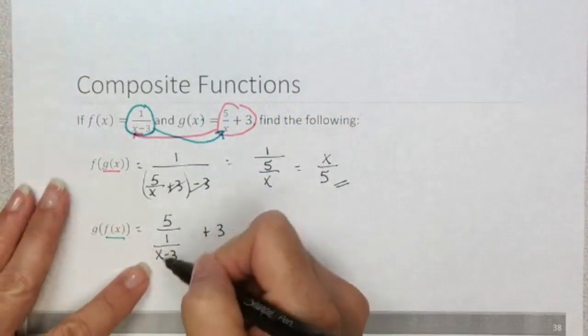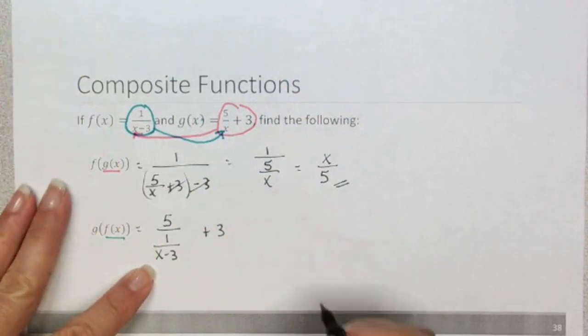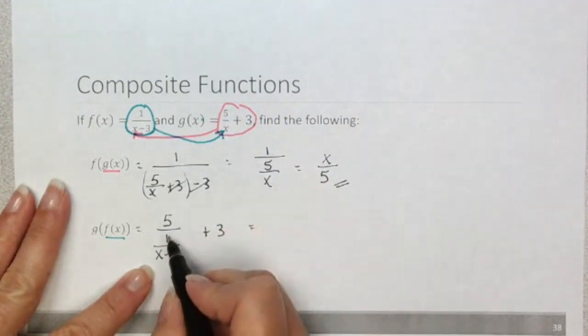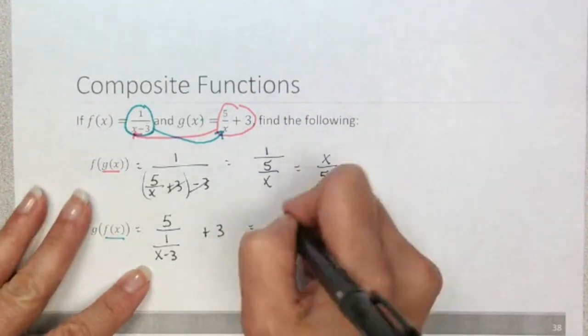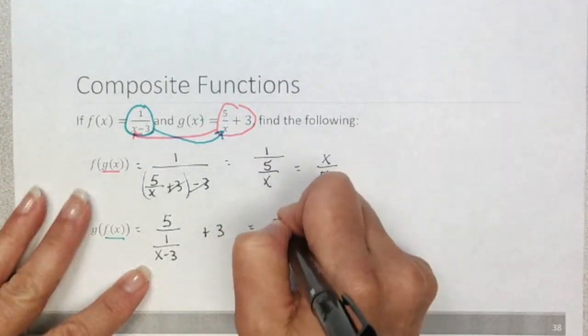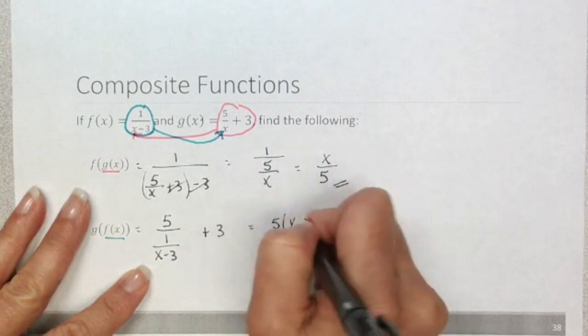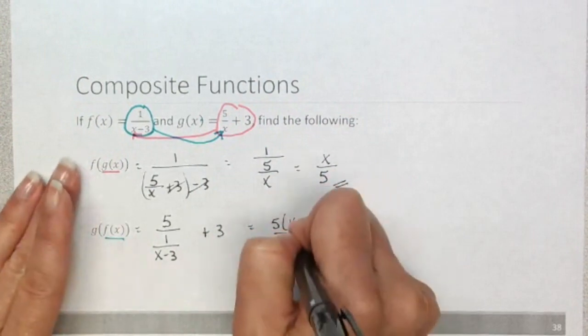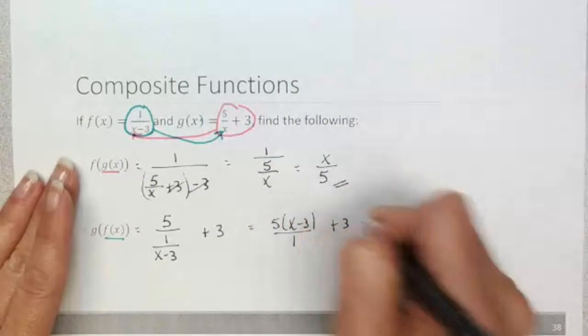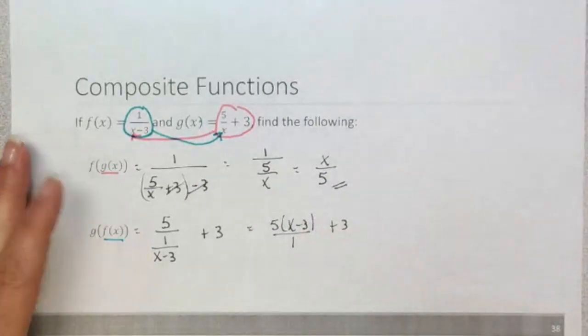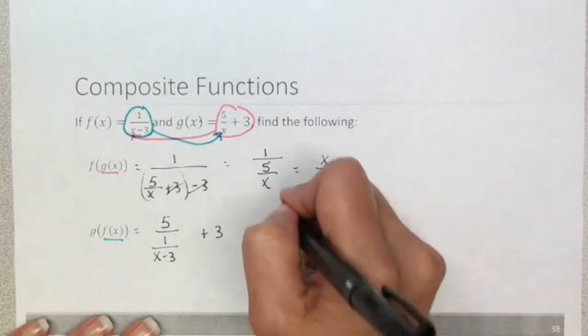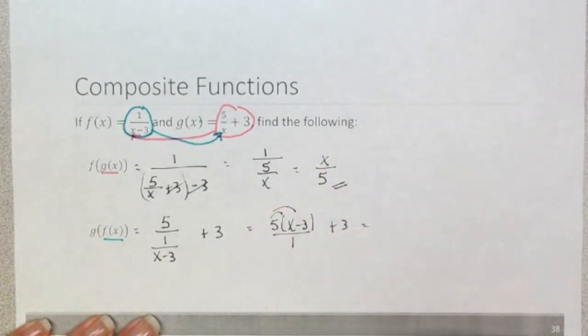Okay, now I need to simplify this rational expression. That's kind of weird, isn't it? 5 divided by 1 over x minus 3, that's going to simplify to 5 over x minus 3 over 1 plus the 3. Then let's distribute that 5.